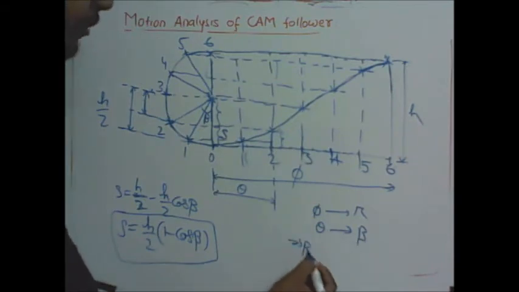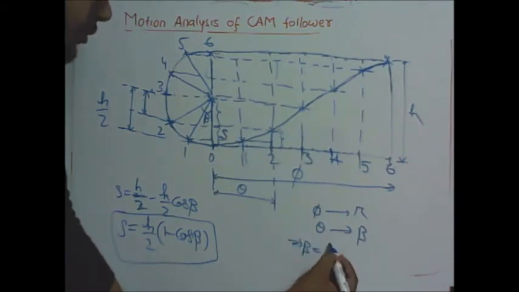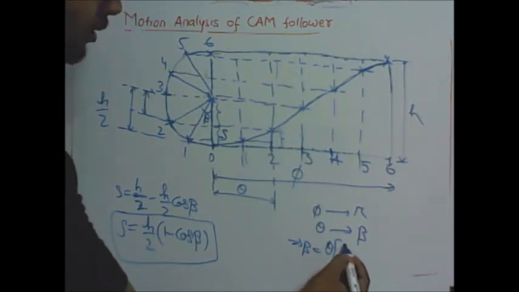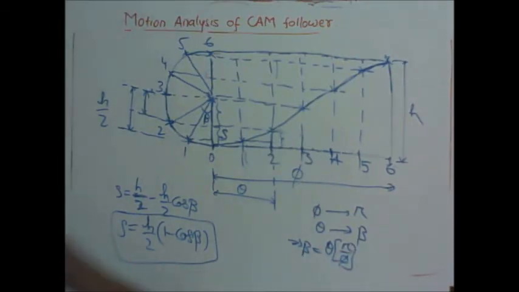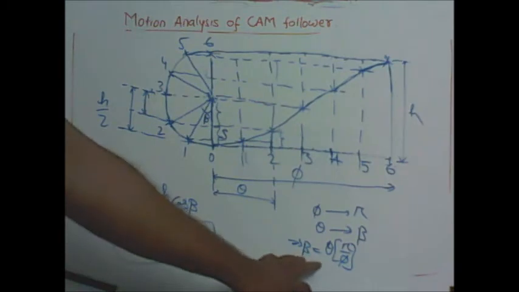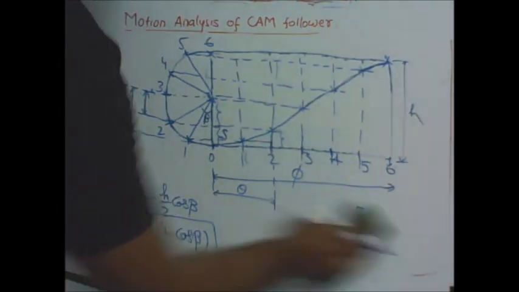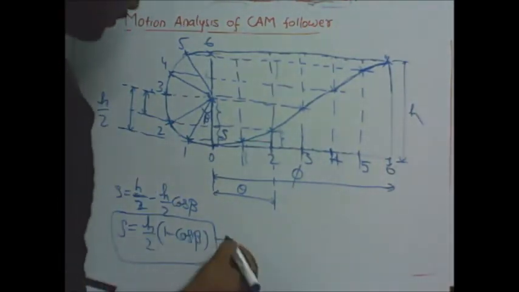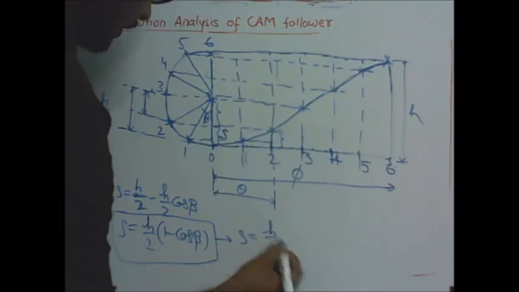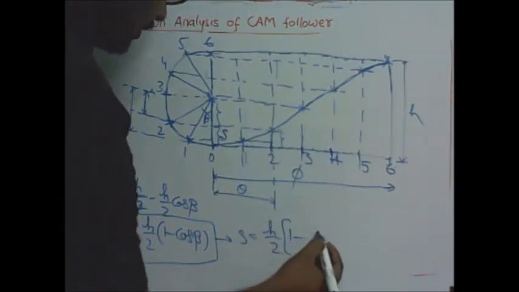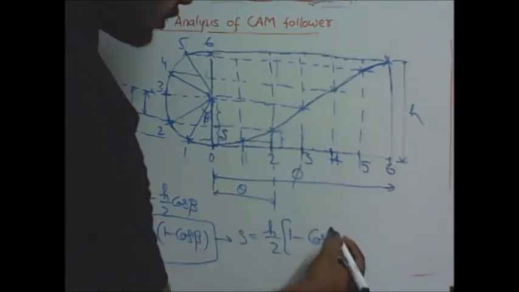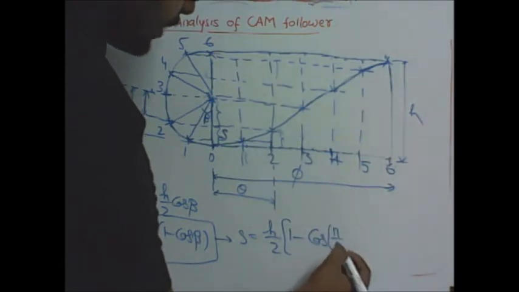This implies beta can be written as theta into pi by phi. So wherever beta is there, we can replace it with this. Now the displacement curve will become s equal to h by 2 into 1 minus cos of pi by phi into theta.